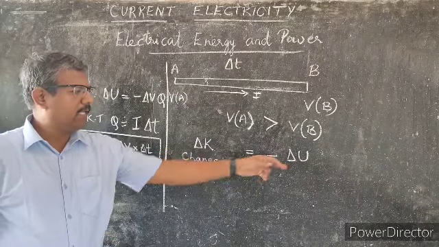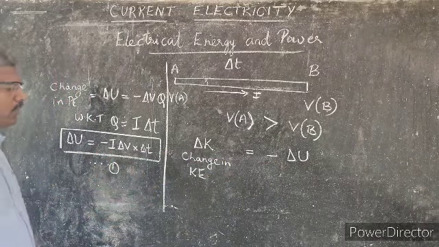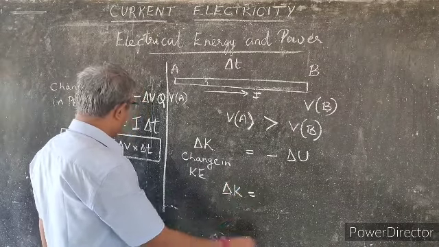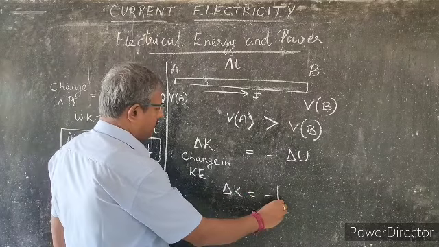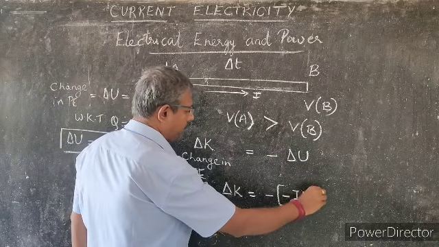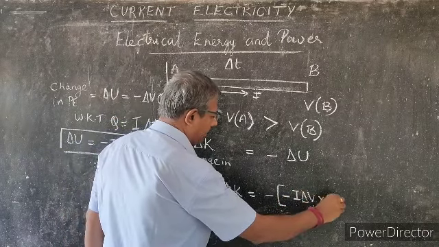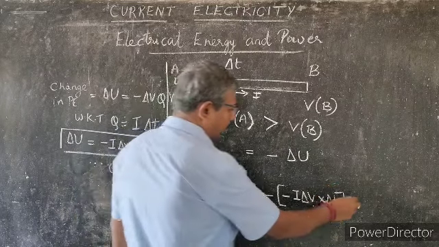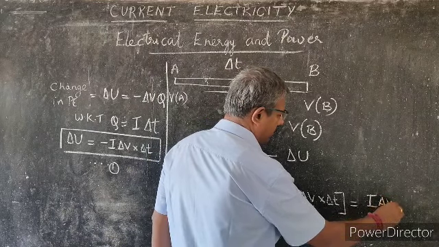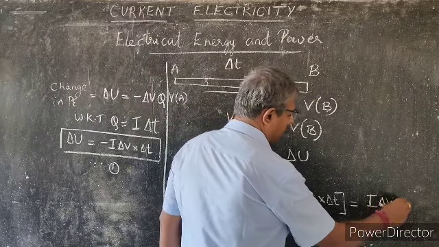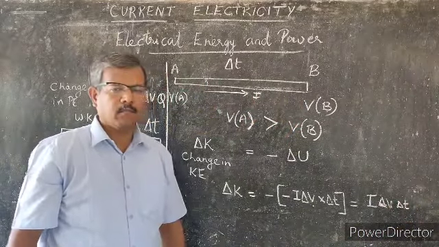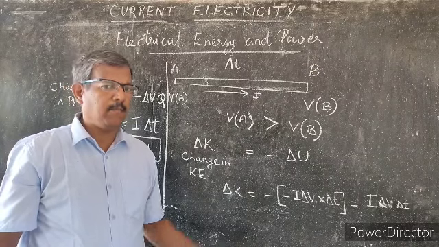Now if I replace delta U with what I just got here, then delta K equals minus of minus I delta V into delta T, which is I delta V into delta T. But remember, we made an assumption.